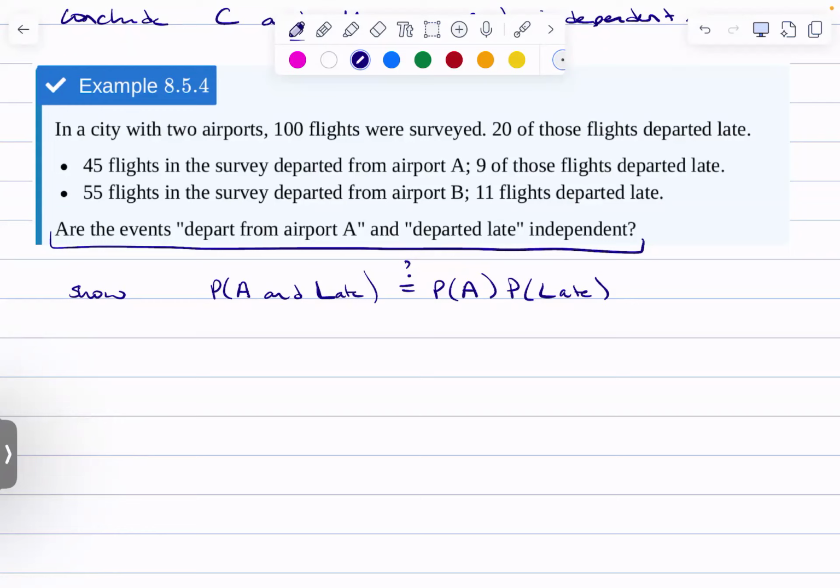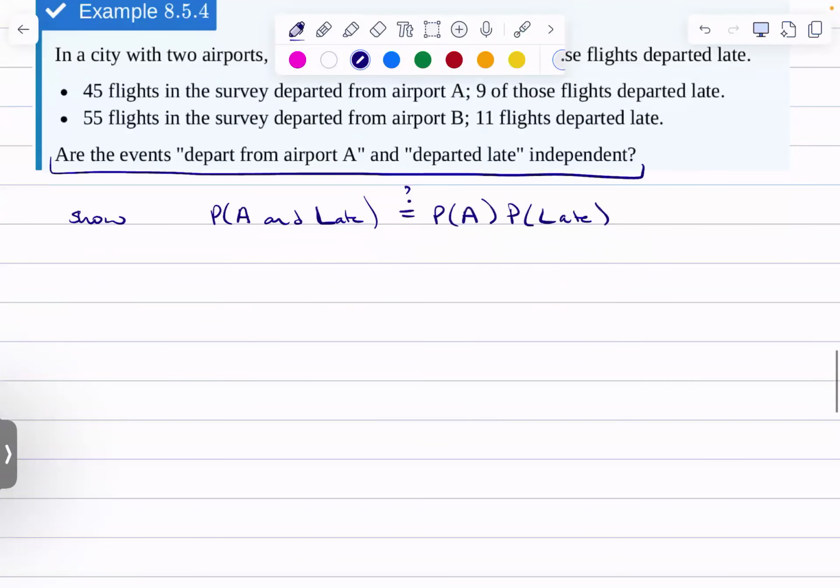And so I have 9 of the flights from airport A were late. Yeah. But that means that 9 out of the 100 were from airport A and late.